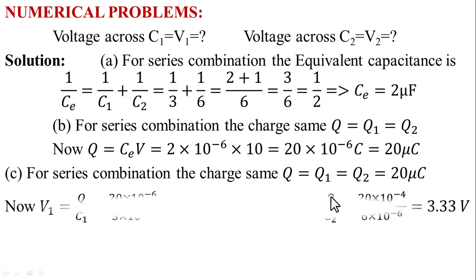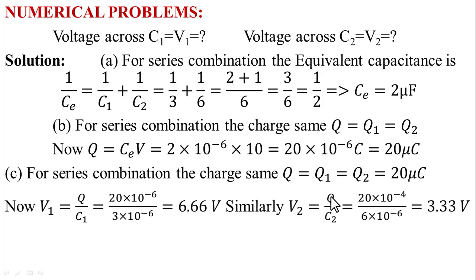Now in the last part, we can find the voltage across C1 and similarly C2. Here V1 is equal to Q over C1, that is 20 multiplied by 10 raised to power minus 6 divided by 3 multiplied by 10 raised to power minus 6, which is equal to 6.66 volt.